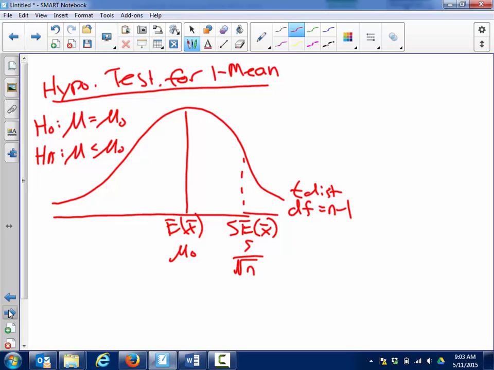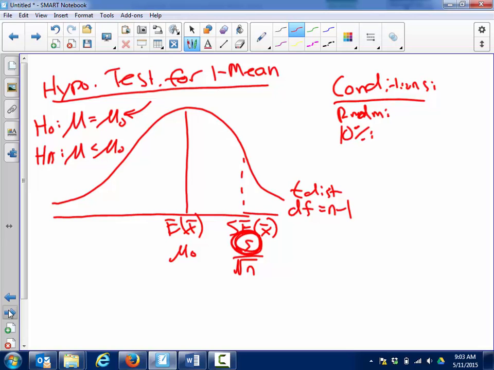Okay, your standard error of a sample mean is s over radical n, because you don't necessarily know anything about the population standard deviation if you're just making a claim about the population mean. That's why we use the t-distribution, because we don't know what the population standard deviation is. Your conditions are the same as last slide.